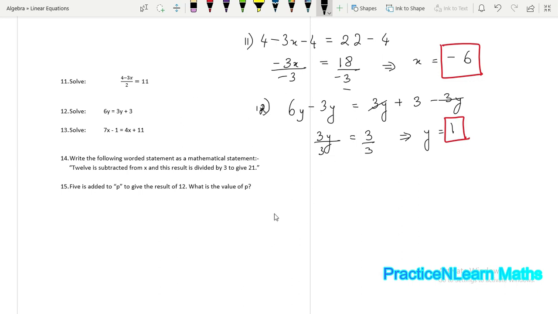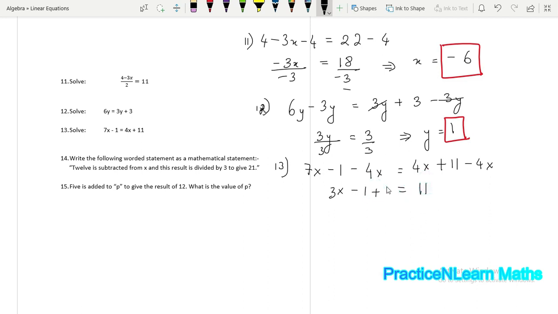Now here we have x again on both sides. So what do we do? We subtract 4x from both sides. Minus 4x, this gives us 3x minus 1 is equal to 11.